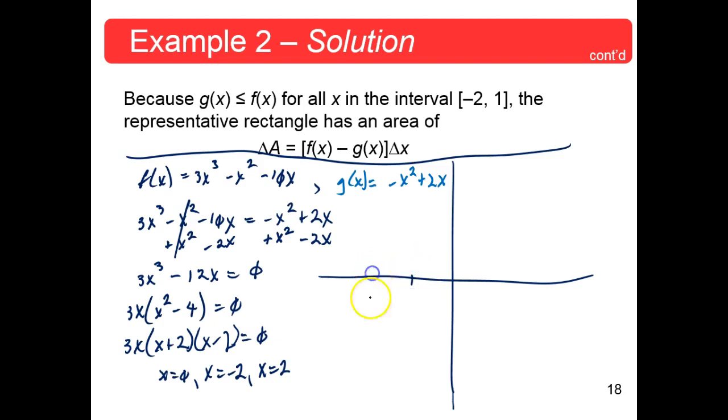Okay, there's 1, 2. There's 0, of course. 1, 2. And we've got to go at least to negative 8. So let's make that a negative 8. This a negative 4. This a 2.